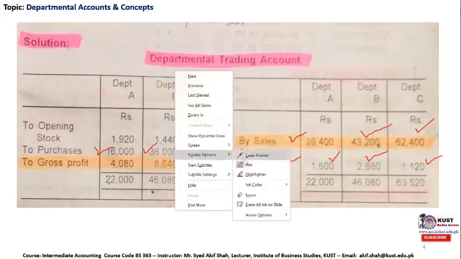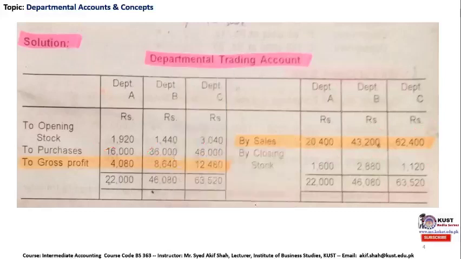Now after calculating the numerical values in terms of rupees for each department, we are in a position to find out whether we have earned gross profit or the departmental trading account is still showing us a loss. The method is to sum up the first column and we come up with 22,000 rupees.